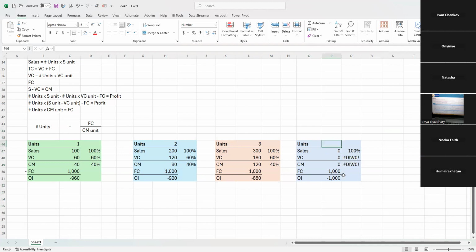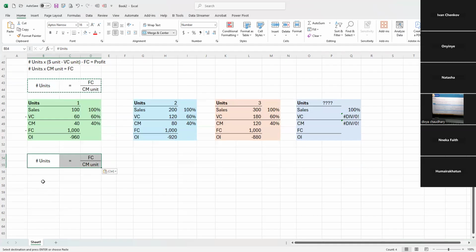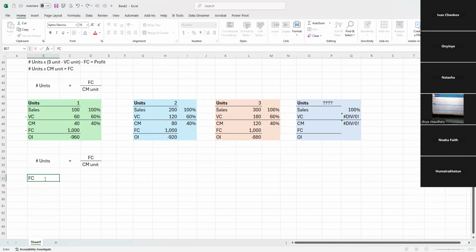Let's use the formula. Do I know my fixed cost? Yes. How much is that? 1,000. Do I know my contribution margin per unit? Yes. How much is it? $40.